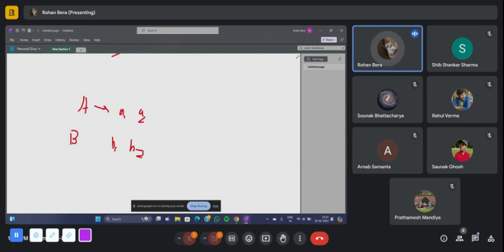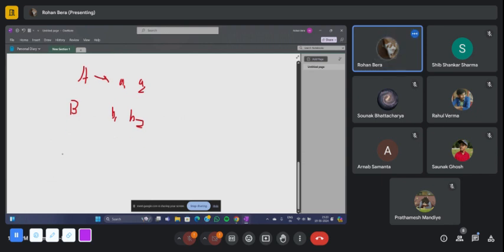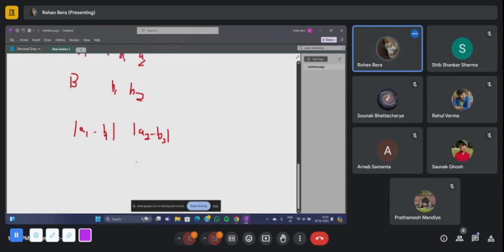Now I'll find the absolute differences of each A of i and B of i, like A of 1 minus B of 1, A of 2 minus B of 2, and so on up to n, as many elements as are present in these two arrays.